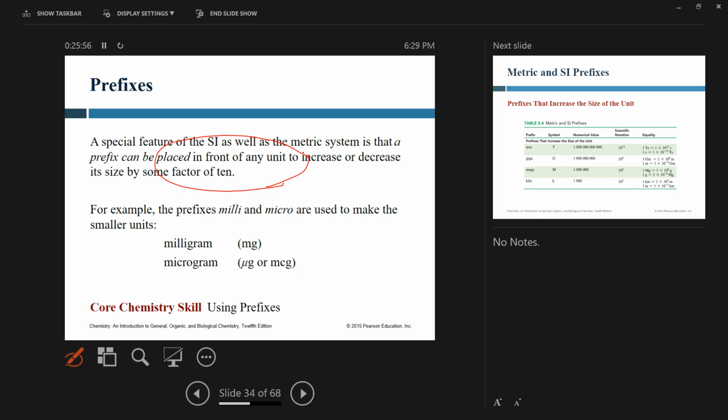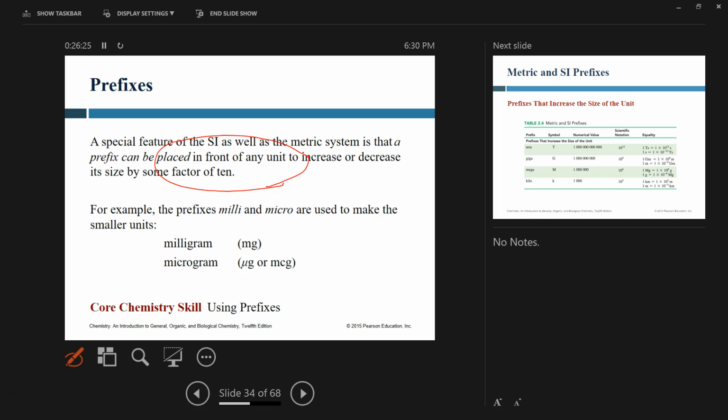After 1,000, we go from 1,000 to 1,000,000, from 1,000,000 to 1,000,000,000, from 1,000,000,000 to trillion, from trillion to quadrillion. So we're not going every degree of 10. Like, we don't have any prefixes for 10,000 or 100,000 more, okay? Or 10 million or 100 million. We jump through every 1,000 times, okay?